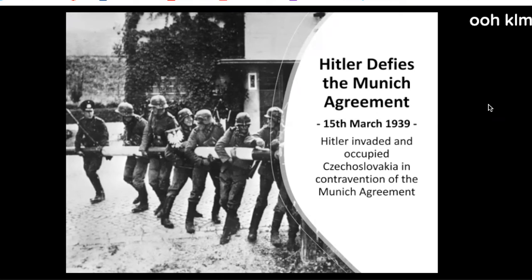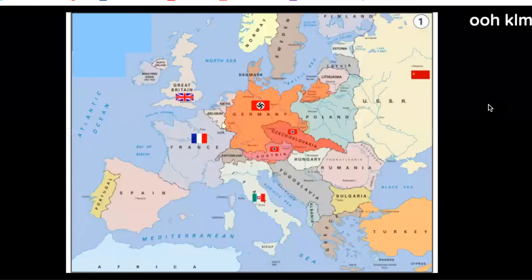So what are we going to color in with a different color now? The rest of Czechoslovakia, which to y'all doesn't exist. When I grew up, Czechoslovakia was still a thing. Now it's the Czech Republic and Slovakia. Okay, so you're going to color in the rest of Czechoslovakia with a different color.